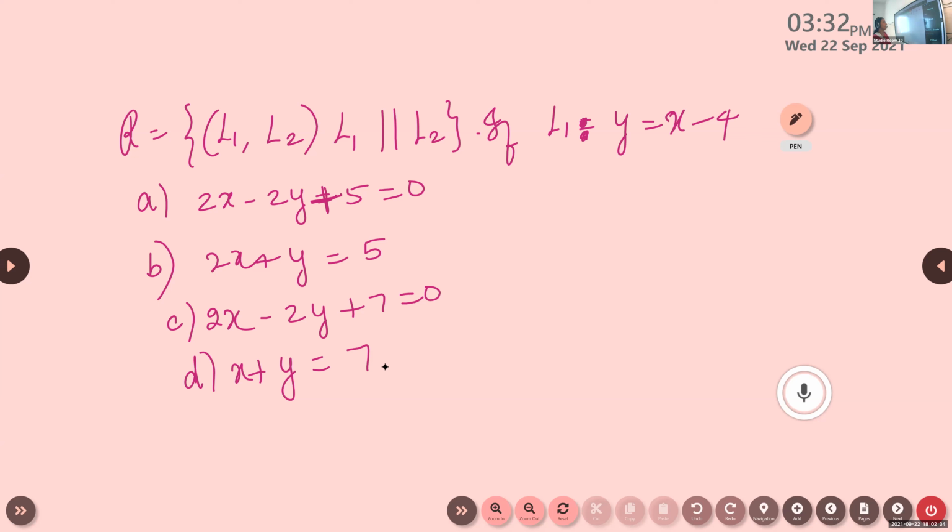What is the answer? Among these lines, which one is possible?